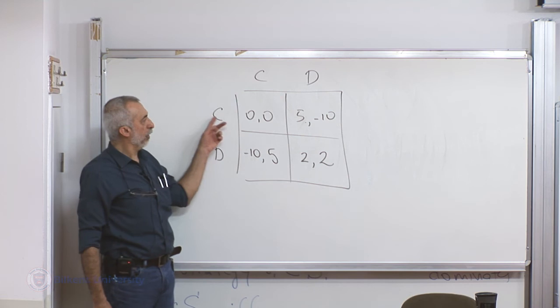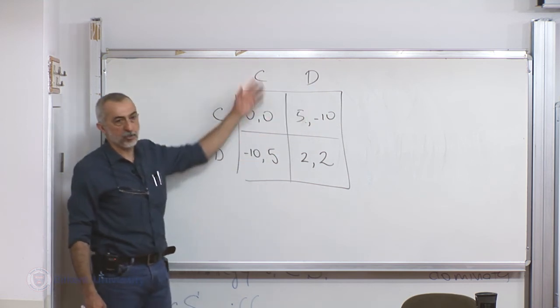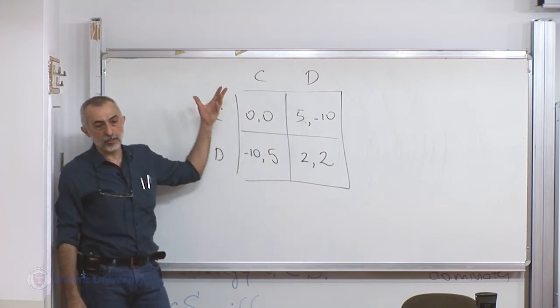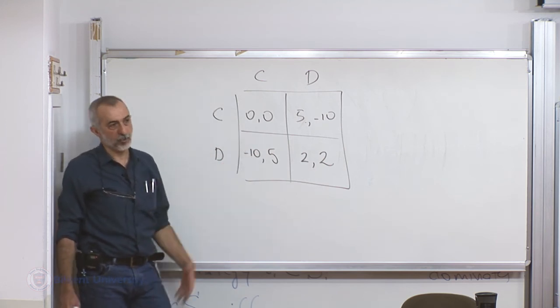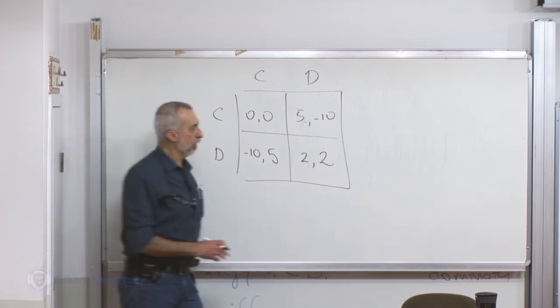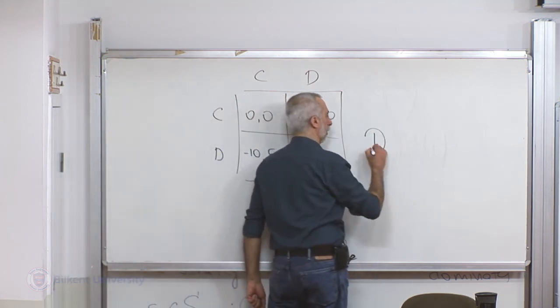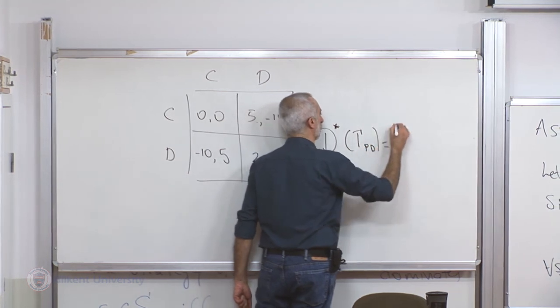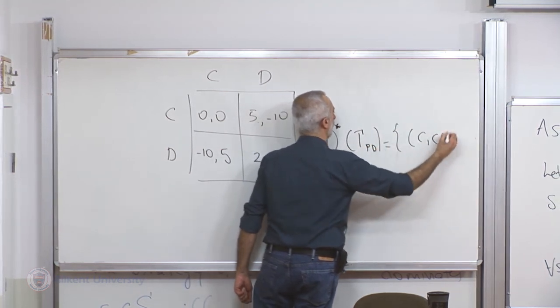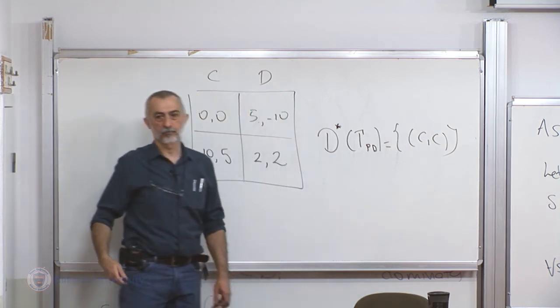CC is preferred to CD, which is preferred to DC, and so on. This is exactly the prisoner's dilemma game. All we did is use a different numerical representation. Okay? So our prediction for the prisoner's dilemma game is that both players would play CC.